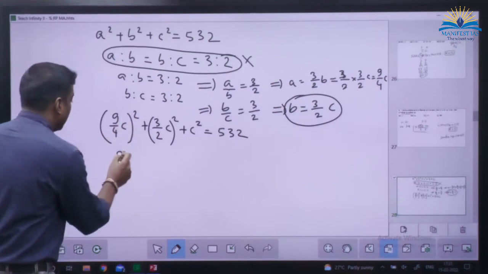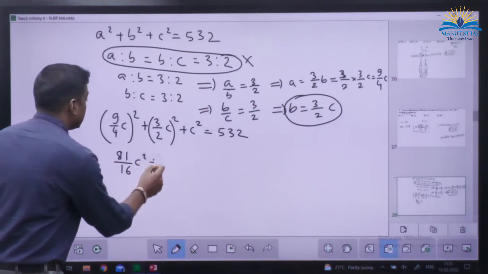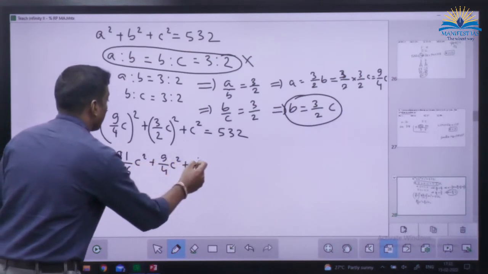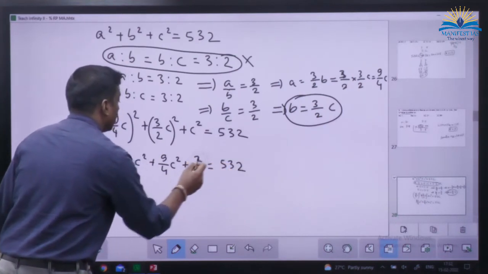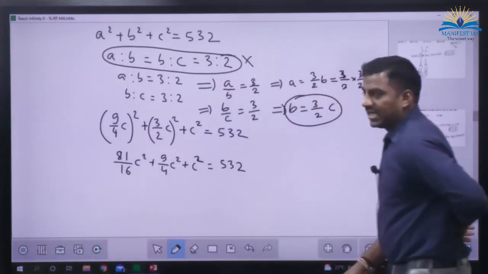9 square is 81. 4 square is 16. 81/16 C square plus 9/4 C square plus C square is equal to 532. Take the LCM.